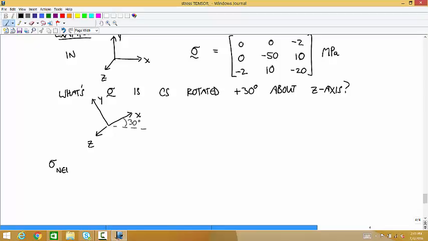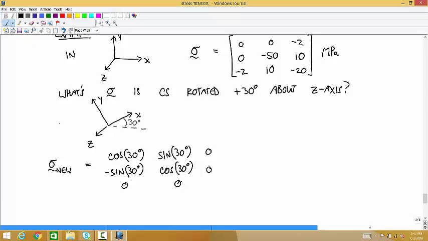Well, this new stress tensor is going to be equal to the rotation matrix: cosine 30, sine 30, 0; negative sine 30, cosine 30, 0; 0, 0, 1.